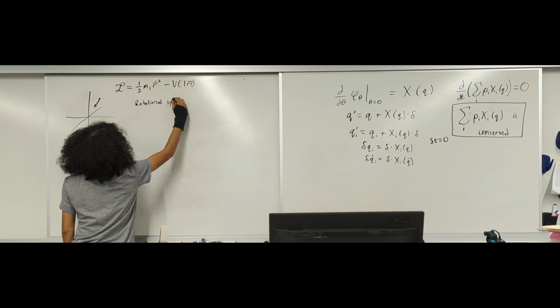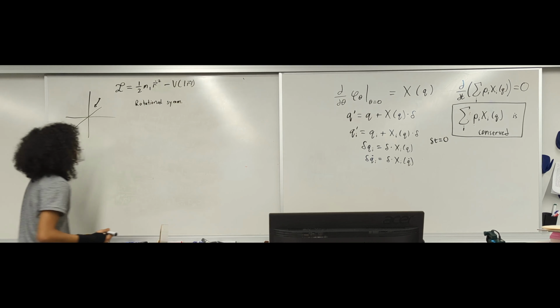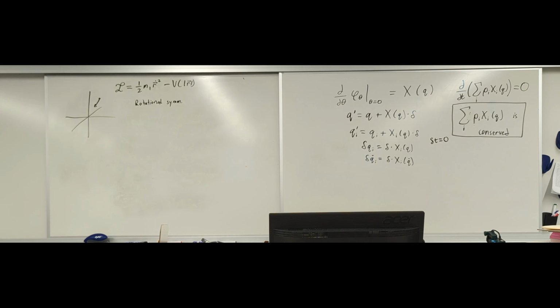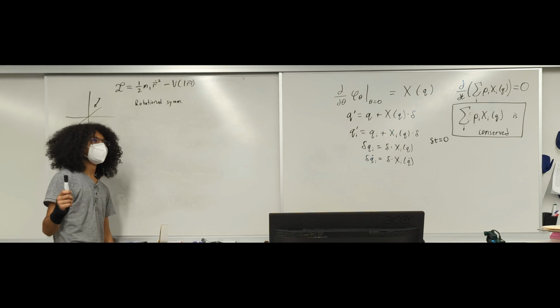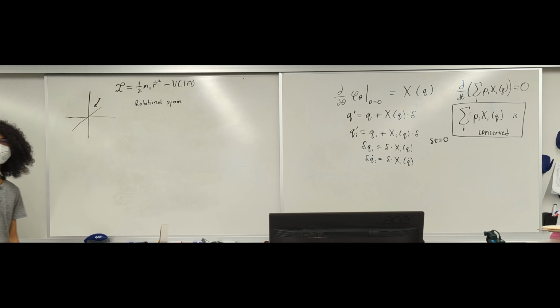But the question is, how many rotational symmetries are there that are given by one parameter? Oh, there would be two. Two? Why? There would be one in the theta direction and one in the phi direction. So you think like how I used to think, my initial instinct, which is that we describe a point in spherical coordinates with two angles, theta and phi, right?